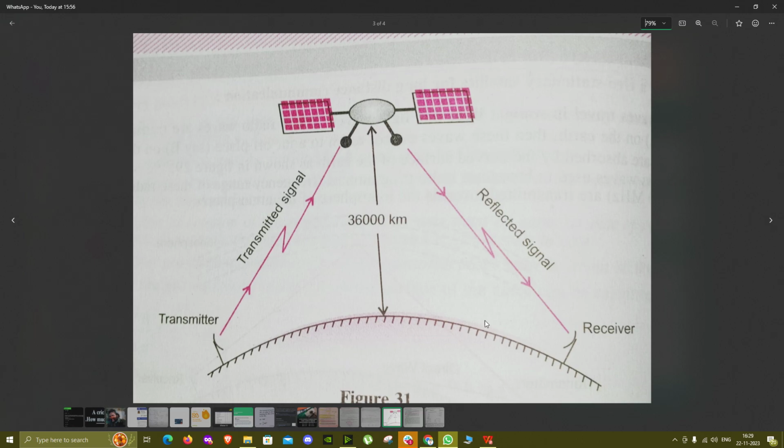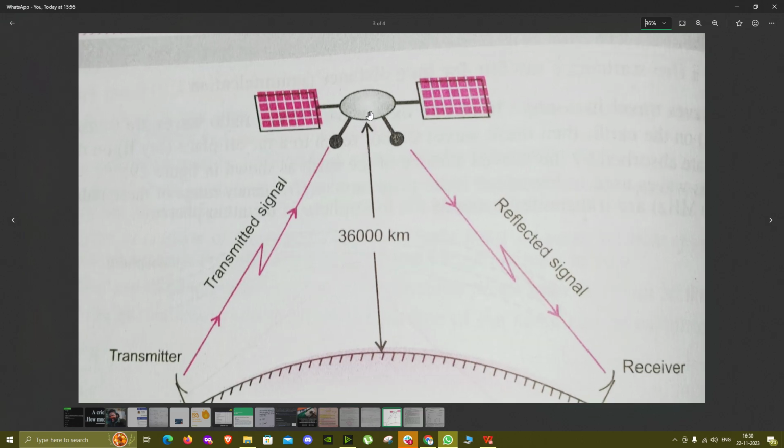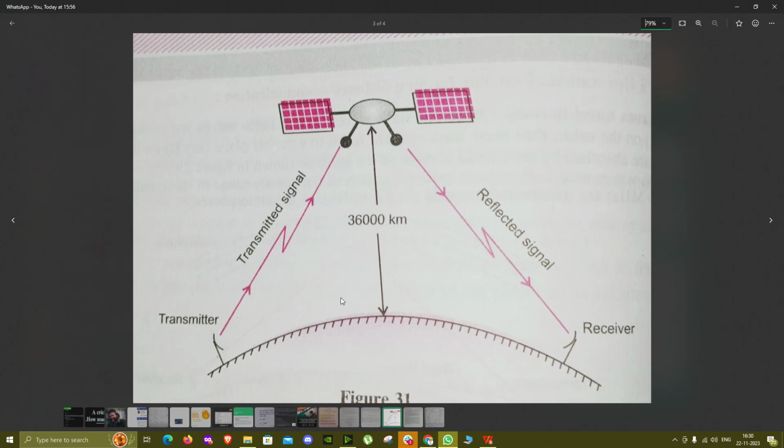There is a transmitter, there is a receiver, and instead of repeaters on the surface, which is not always possible, we have a geostationary satellite. It's very important that the geostationary satellite should be like a stationary object in the sky for the transmission to work continuously.